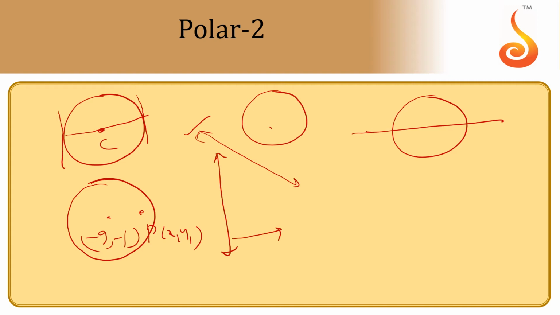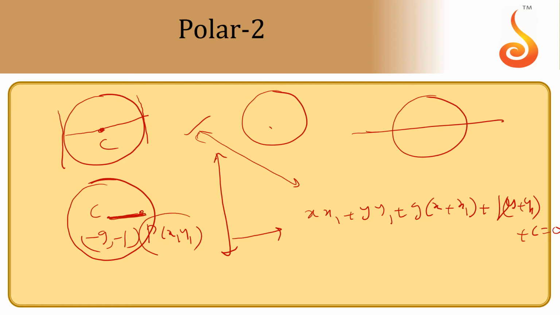I said S1 equal to 0. So (x1 + g)x + (y1 + f)y + gx1 + fy1 + c = 0. Now what is the slope of the line joining center and that point P? Can I say this is pole? So slope of the line joining center and pole will be what? Can I say (y1 + f)/(x1 + g)?